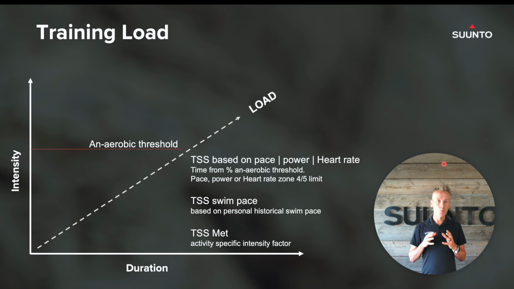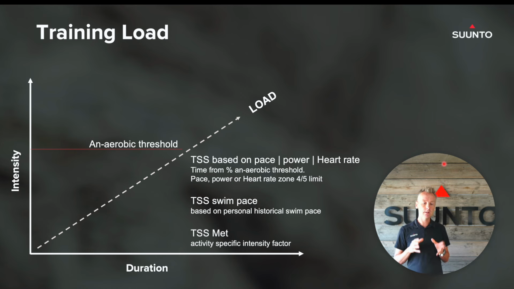Also, we try to ensure that every workout that you do has a training load metric, even those that haven't measured heart rate or pace or power. So we will look at the activity type. So have you played tennis or have you been running? And then we will assign a TSS score based on duration for that. So if you do running for 2 hours, you will get a higher TSS score than playing tennis for 2 hours.